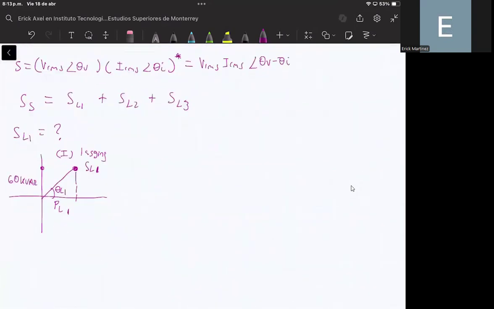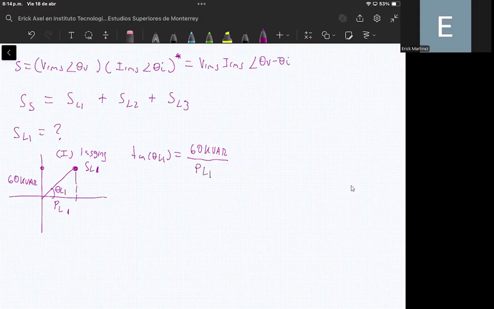So P L1 is equal to, well, to find a relationship, I can use this angle and a little bit of trigonometry. For example, we know that the tangent of theta L1 should be equal to the opposite side, that is the reactive power, divided by the adjacent side, that is the real power.